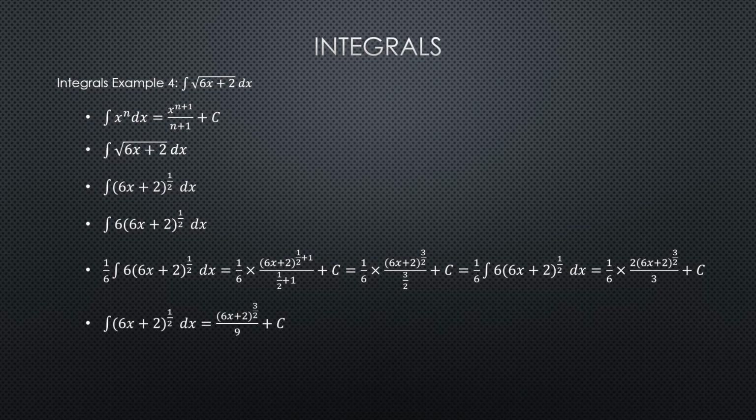On our left side we're now returning to our original equation: the integral of (6x + 2)^(1/2) dx is equal to the quantity (6x + 2)^(3/2) divided by 9 plus c.